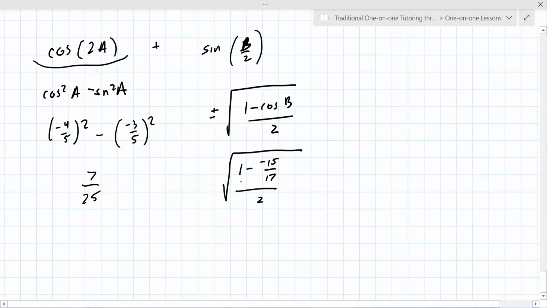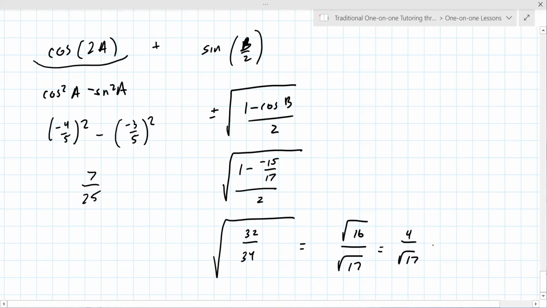So this is really 17 over 17, so this is the square root of 32 over 17 over 2, which is 34. So this becomes the square root of 16 over the square root of 17, 4 over the square root of 17. Then you have to rationalize: 4 square root 17 over 17. And still this plus or minus. At some point we should deal with that.